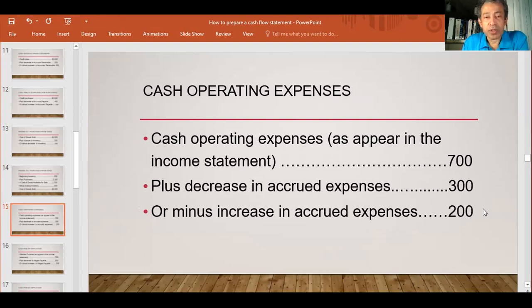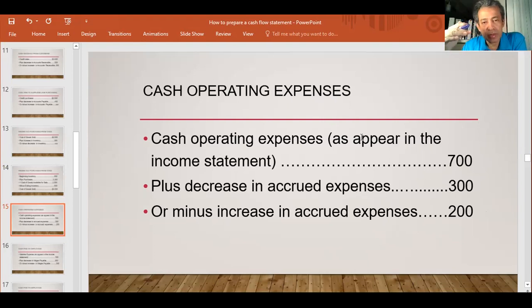Depreciation is, of course, a non-cash expense, and there are other non-cash expenses like amortization, write-offs, impairments, or depletion. None of those are going to be included in the cash flow statement.